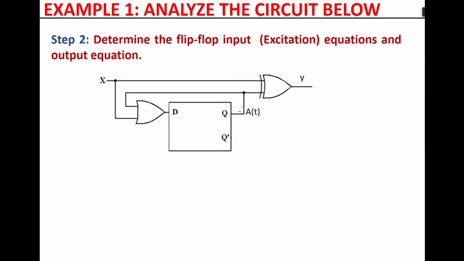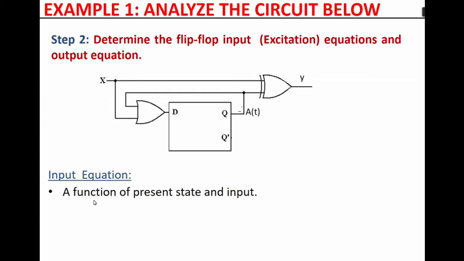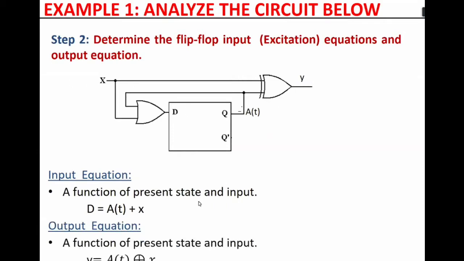If you have anything, you can send a chat. I will answer it. So for those who did it, the input equation is a function of the present state and input. The input D is A fed back, or X. The output equation is X exclusive-or A(t).